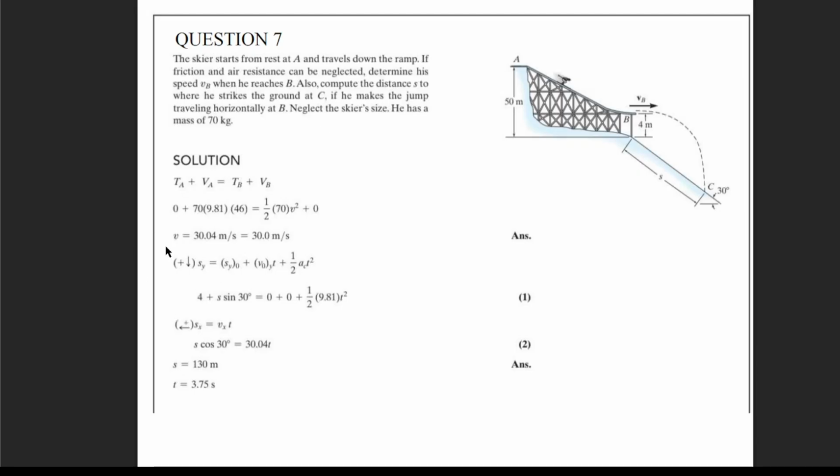So we use the same formula to find t for the horizontal part. For the horizontal part, a becomes 0 because the initial and final velocity are the same, and s naught is 0 because it is from the origin. So we find that t equals s cos 30 over 30.